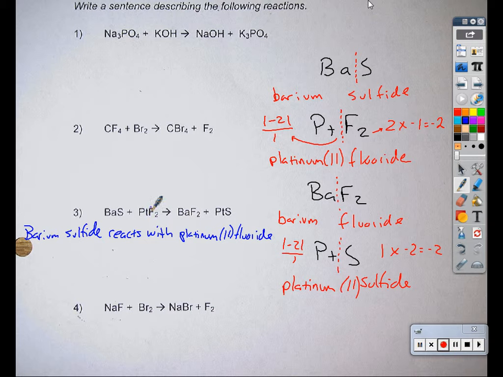The arrow is to produce. BaF2 we now know is barium fluoride. The plus sign over here gets replaced with and. PtS we now know is platinum(II) sulfide.